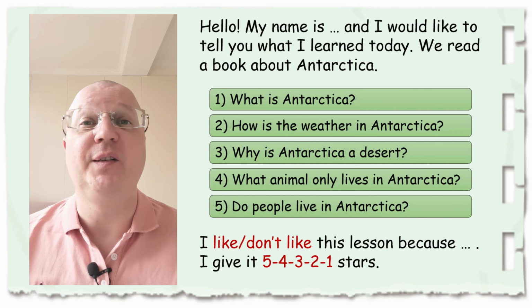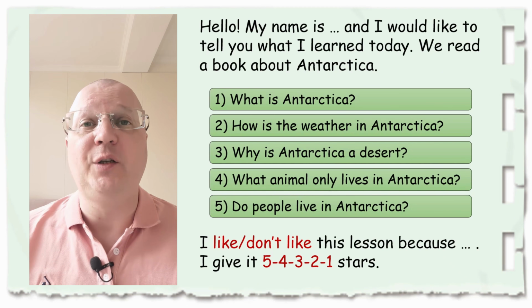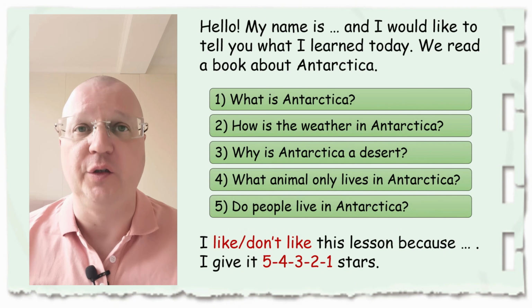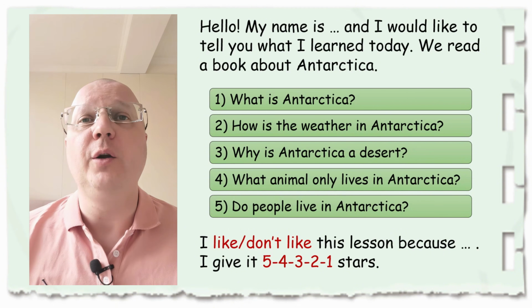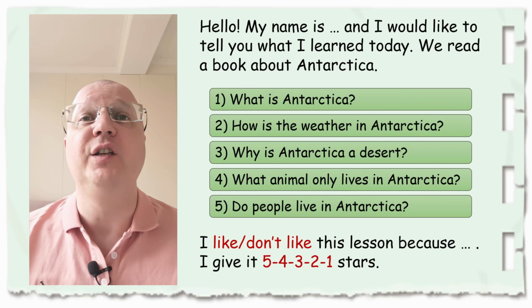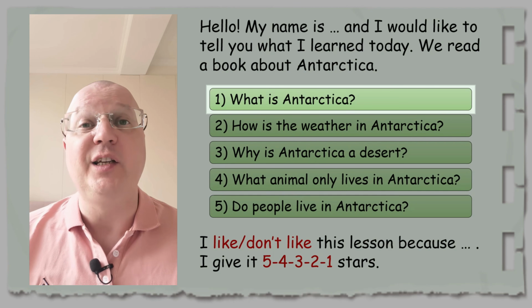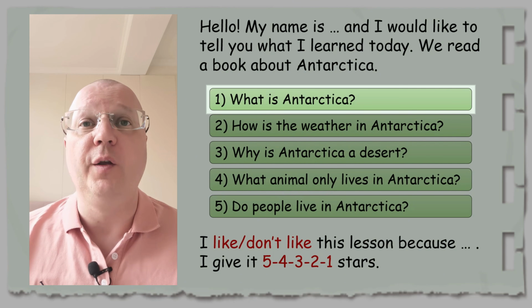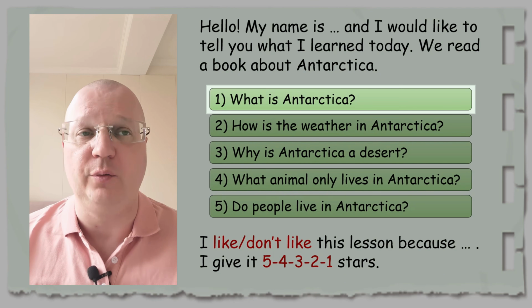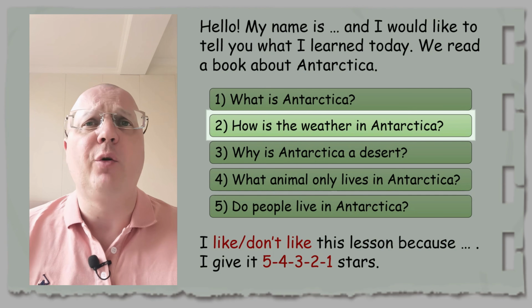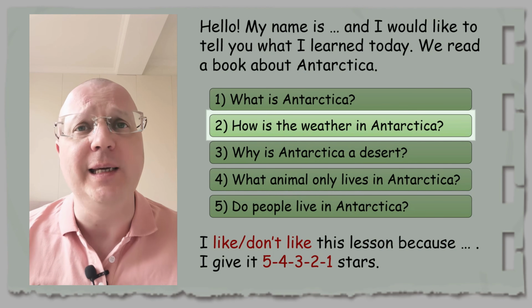Hello, my name is Val, and I would like to tell you what we learned today. We read a book about Antarctica. Antarctica is a continent with the ocean all around it. It is a very cold and windy place.